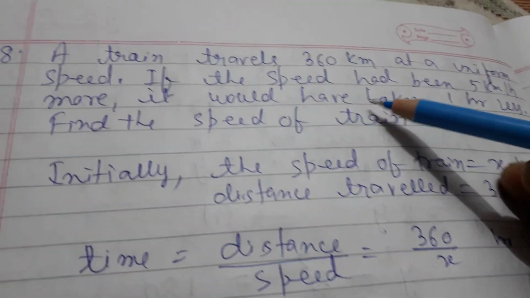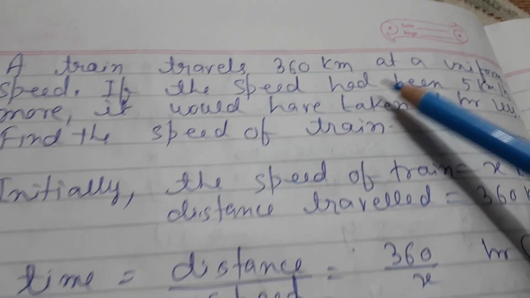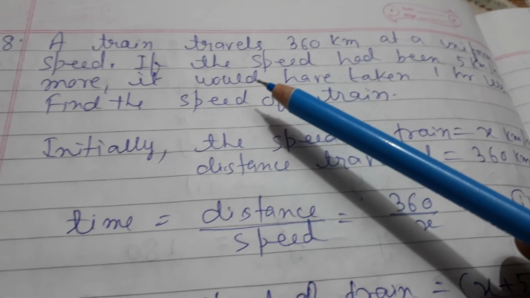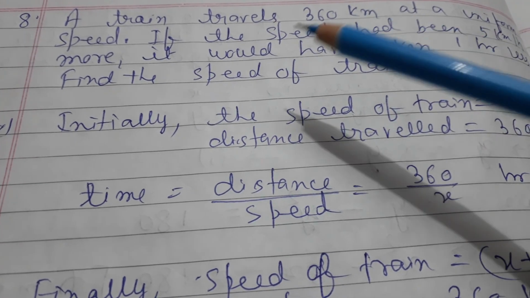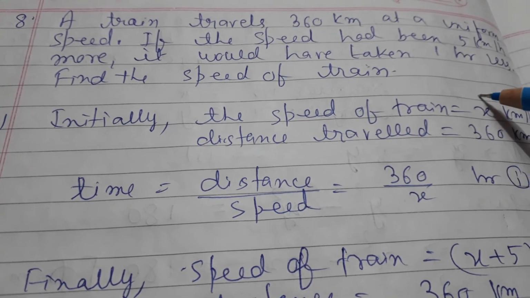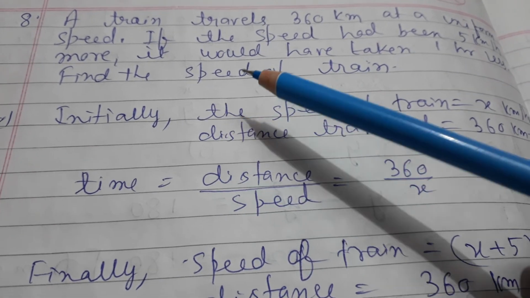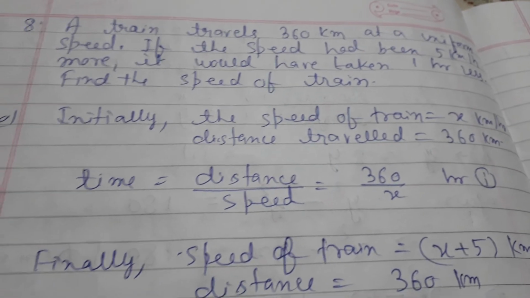Now next question. A train travels 360 km at a uniform speed. If the speed had been 5 km per hour more, it would have taken 1 hour less. So find the speed of the train. Now listen.